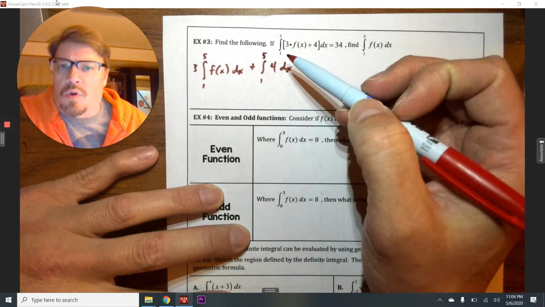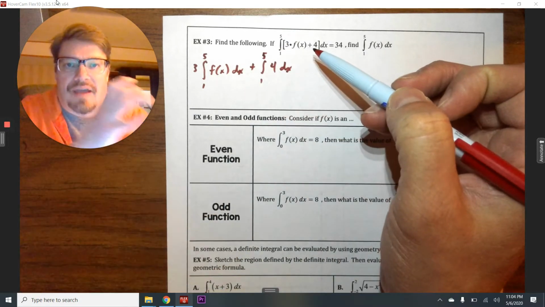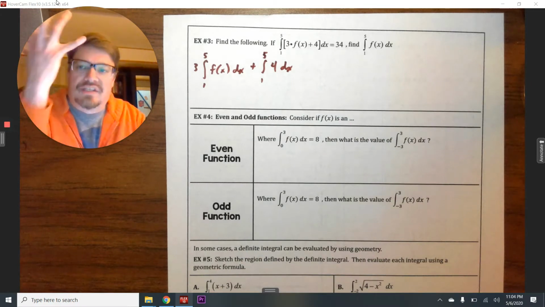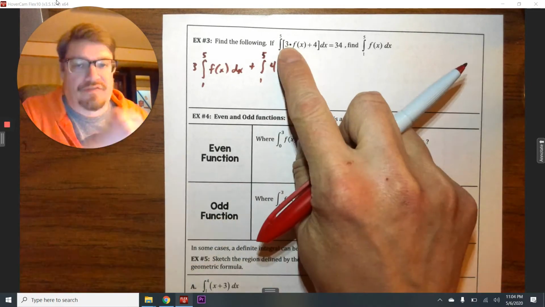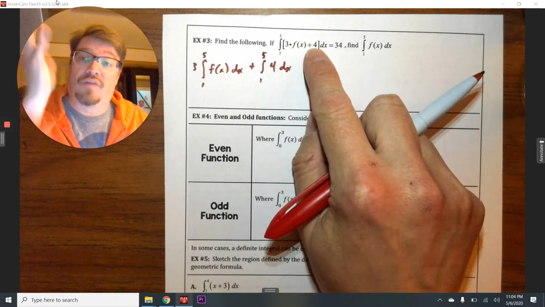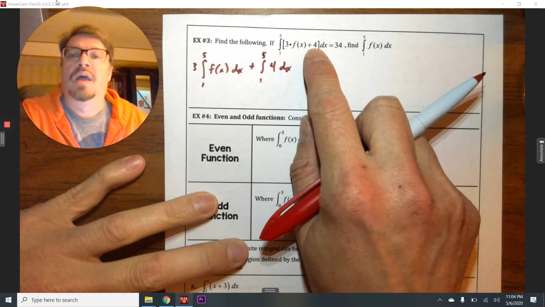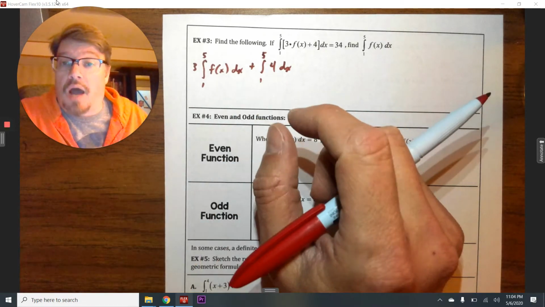So in both instances, I have two different areas. This one is being multiplied by 3, but this one is just 4. So I'm going over the same area, it's just split.